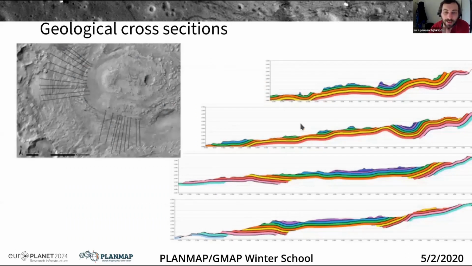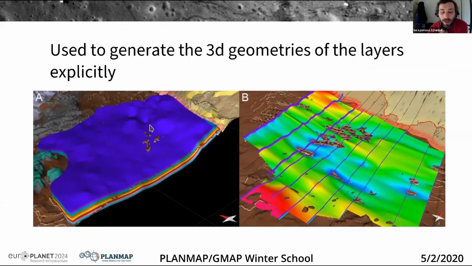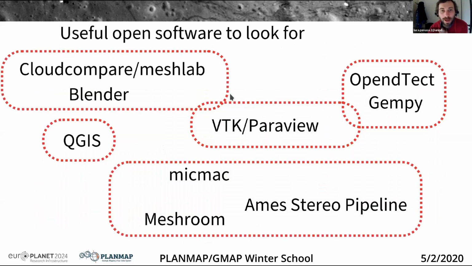And also in this case, you can create geological sections, and you can then import them in some software, like in this case, 3D Move. You can import all the sections, and at the very end, you can generate the 3D model of your surfaces.